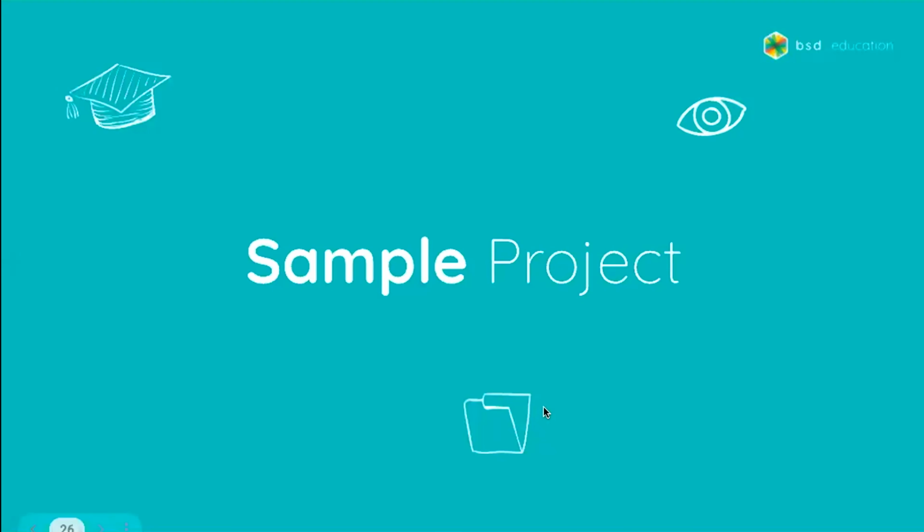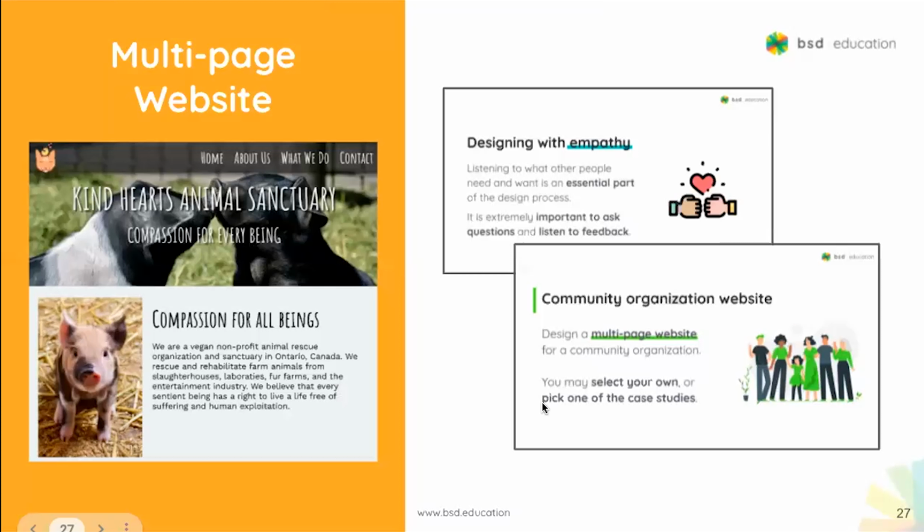All right, so how do we weave play and social emotional learning into a project? So I'm going to give you an example. This is a project that BSD offers. It's called a multi-page website. And all of BSD's projects are real world hands-on experience.